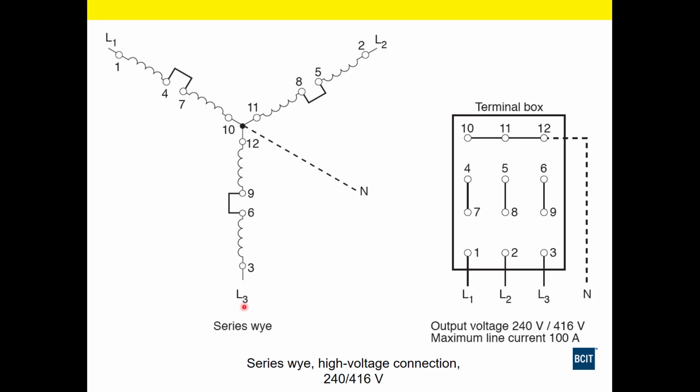Now line to line we're going to have 416. So this is a series Y high voltage connection for 240/416. It's a Y connection, so we have phase and line voltages here. And you see the dot dot dot, that's our neutral. We want to have that return path. We don't want our system to get all out of whack because of no neutral reference point.